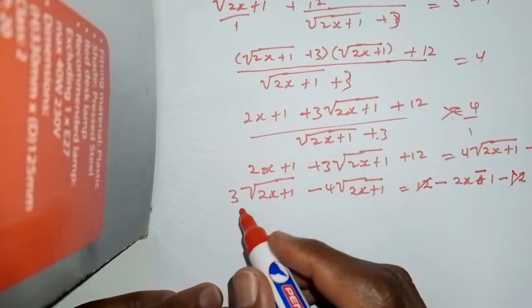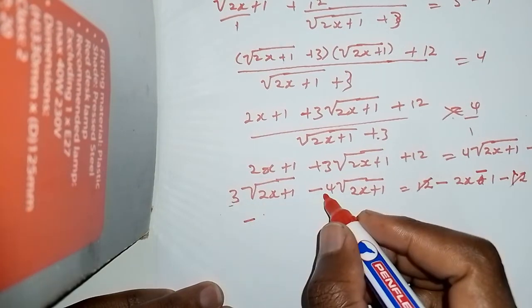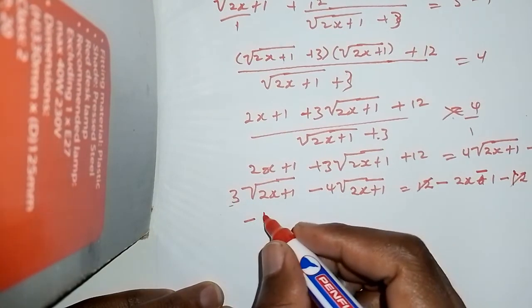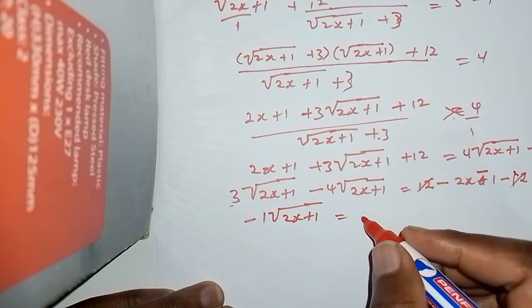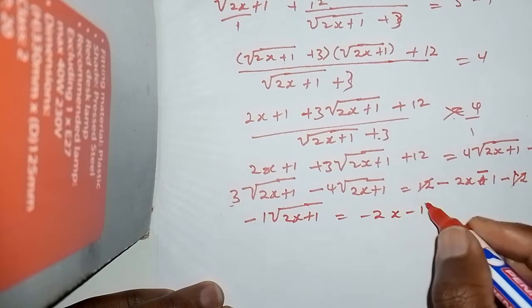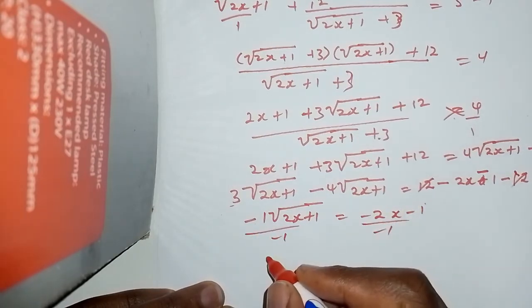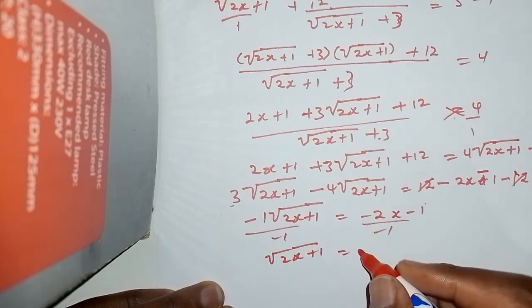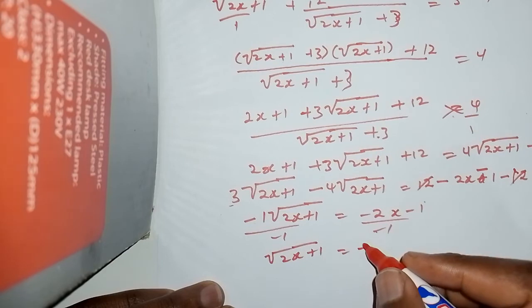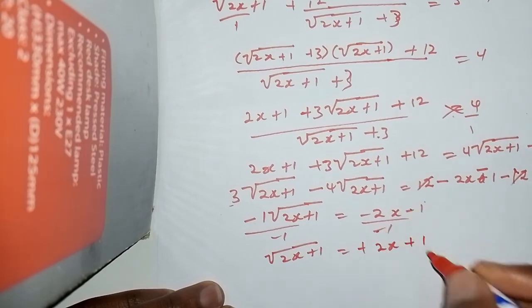This, I'm going to have minus 3 minus 4, that's minus 1, root 2x plus 1 equals minus 2x minus 1. Right? Then divide by negative 1, I'm going to have root 2x plus 1 is equal to positive 2x, positive 1.